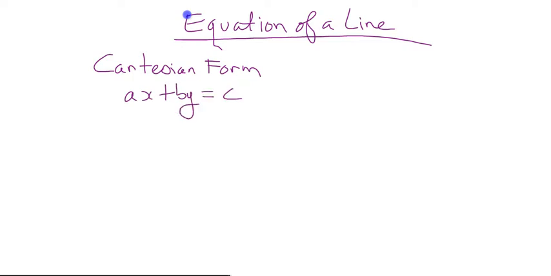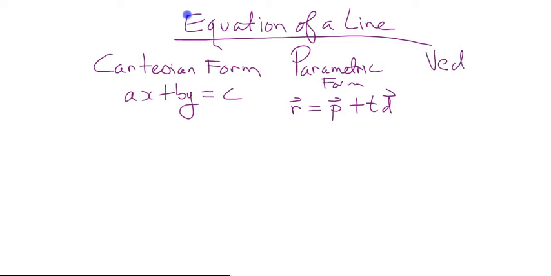In parametric form, which we just learned, the equation of a line is r equals p, some position vector, plus t d, where t is a parameter and d is the direction vector. And in vector form, r dot n is equal to capital D.